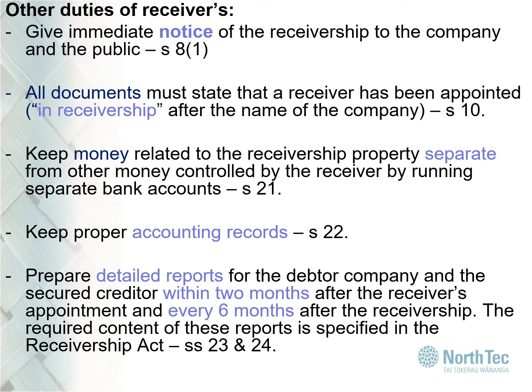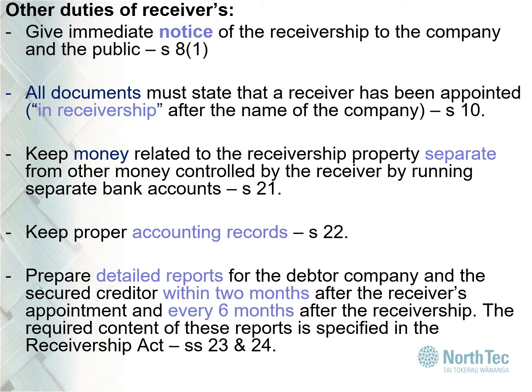And then you should keep money related to the receivership property separate from other money controlled by the receiver by running separate bank accounts. And that's according to the regulations of section 21.